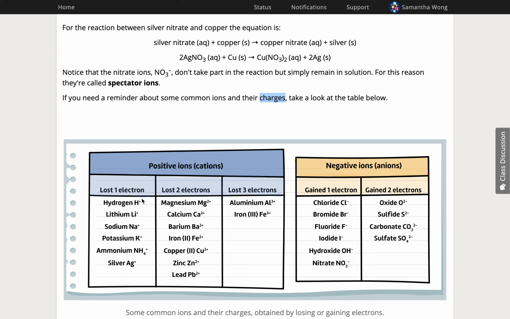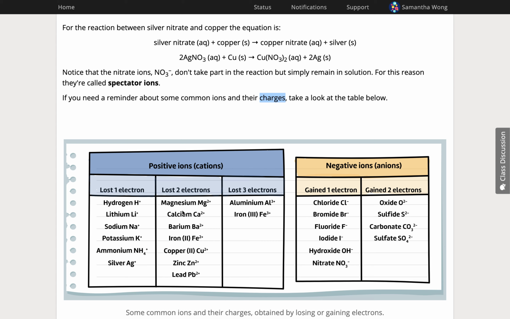So you are overall positively charged by one proton. So here you can see hydrogen, lithium, sodium, potassium, ammonium, and silver all have a charge of +1, which means they've all lost one electron.